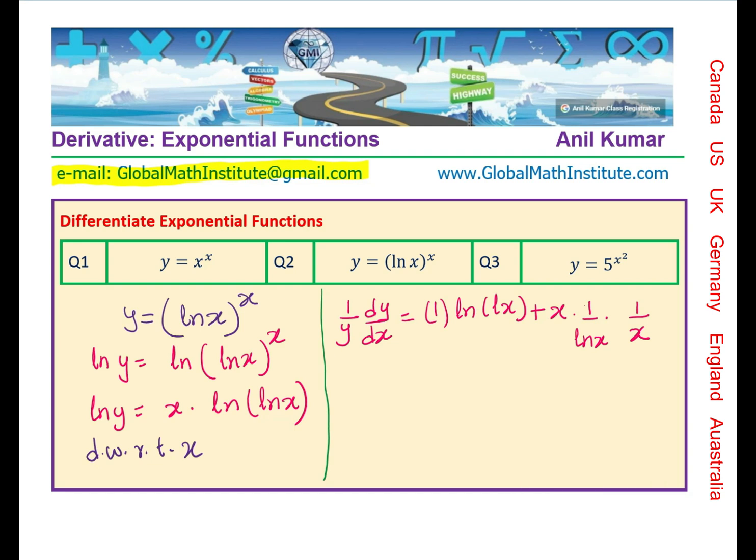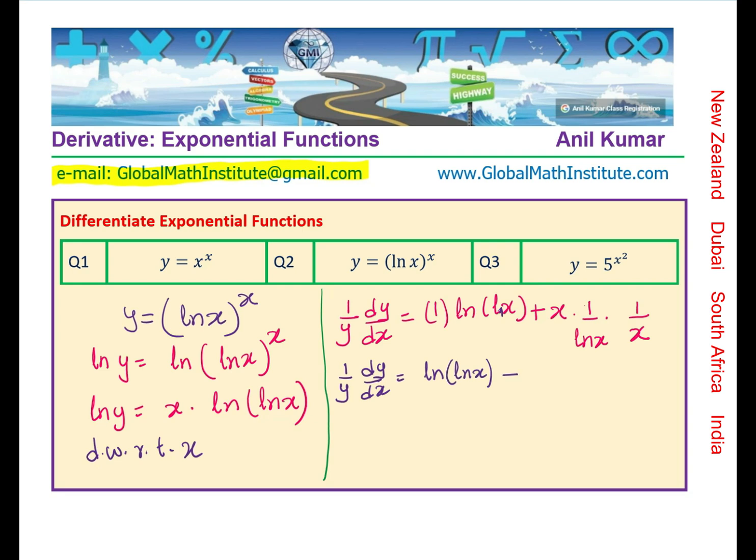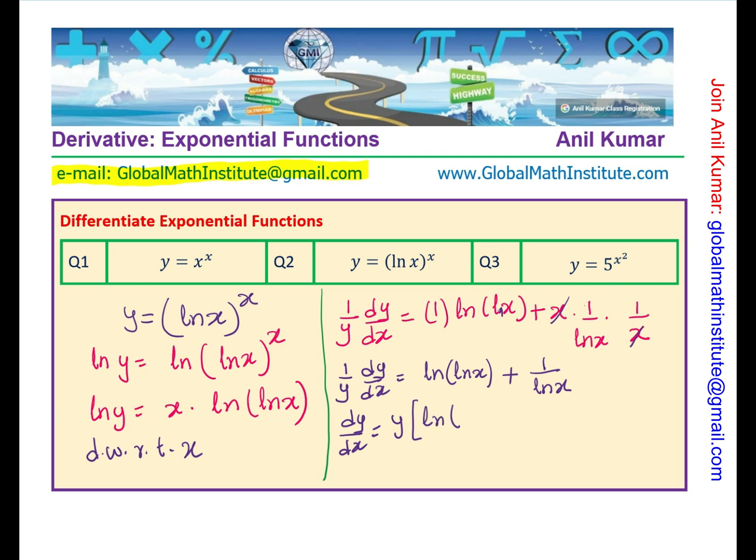So that gives us 1 over y dy dx equals ln x plus, here x and x cancel, we have 1 over ln x. Cross multiplying, we get dy dx equal to y times ln x plus 1 over ln x.